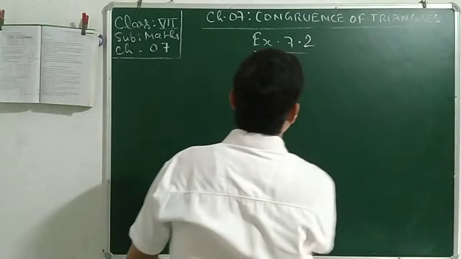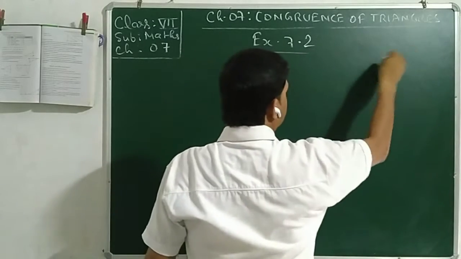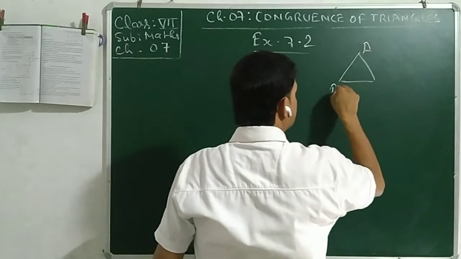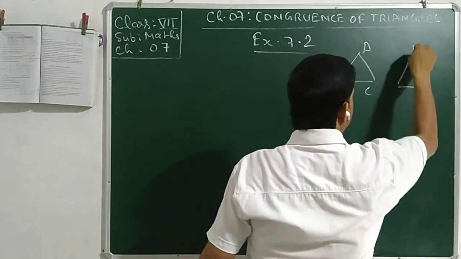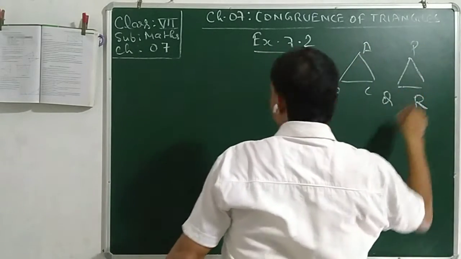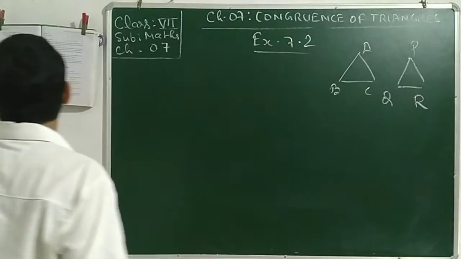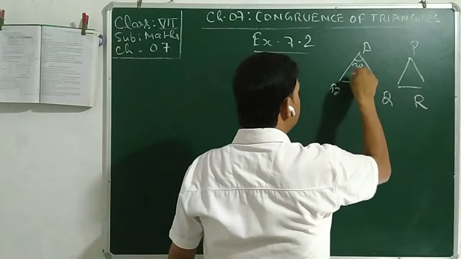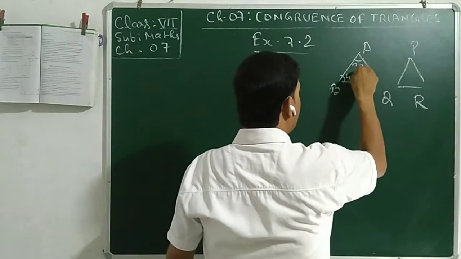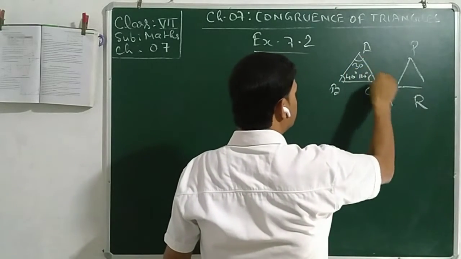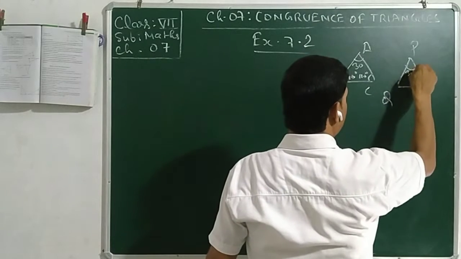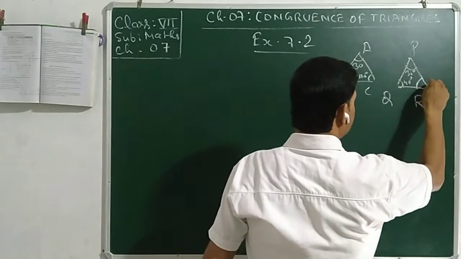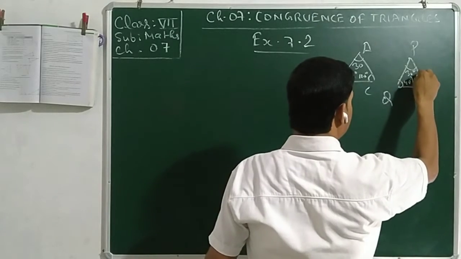In triangle ABC, angles are given as 30 degrees, 40 degrees and 110 degrees. Similarly, in triangle PQR also 30 degrees, 40 degrees and 110 degrees.